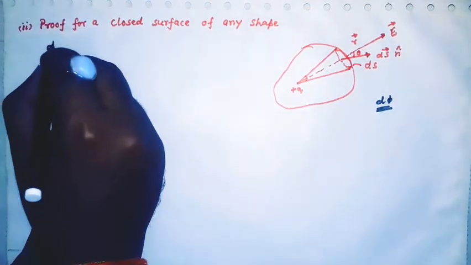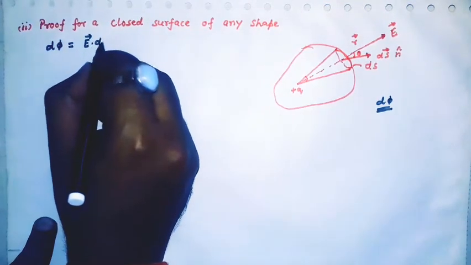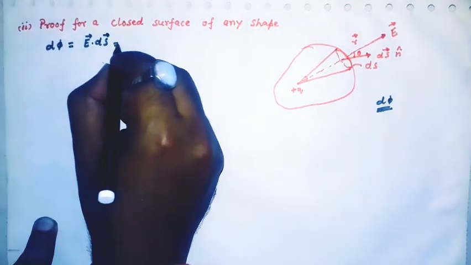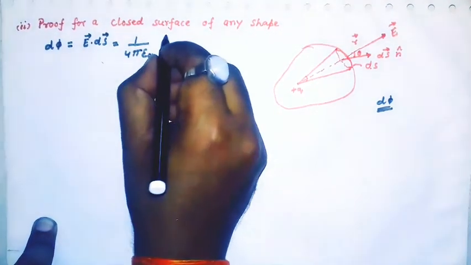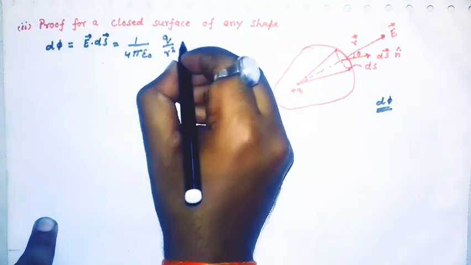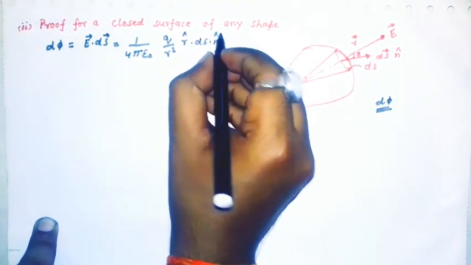So d phi equal to E dot ds. Going in a similar way, this will be equal to 1 upon 4 pi epsilon naught q upon r square into unit vector r into ds into unit vector n.